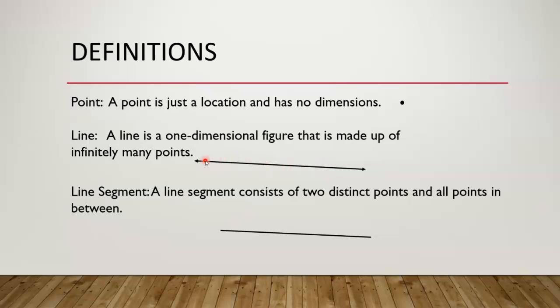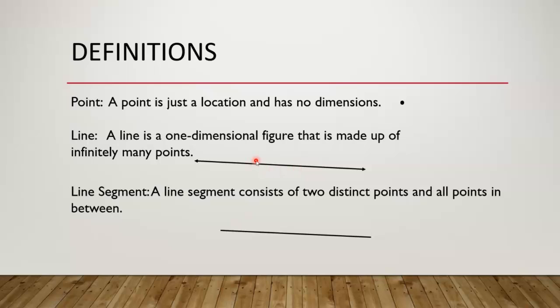One-dimensional just means it has directions left and right. In other words, it only has length. The line can't go left and right and up and down at the same time. It's only one dimension. You can only go east or west. You can't go north or south.